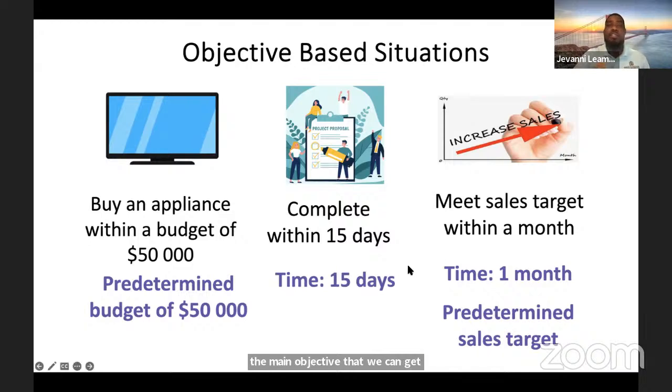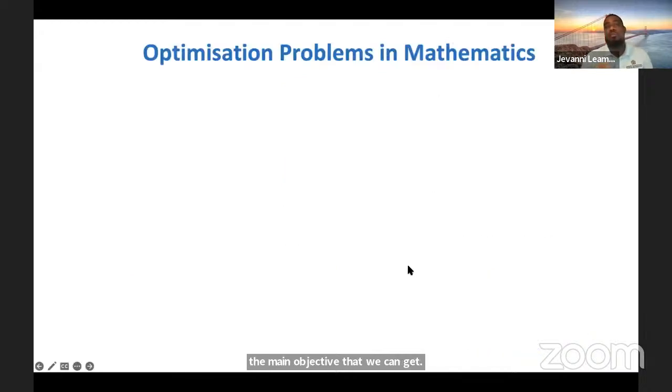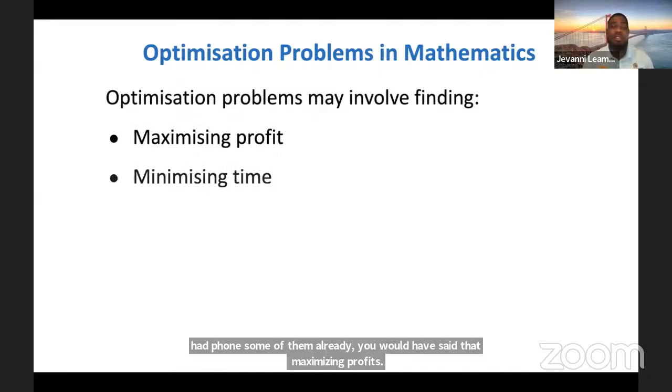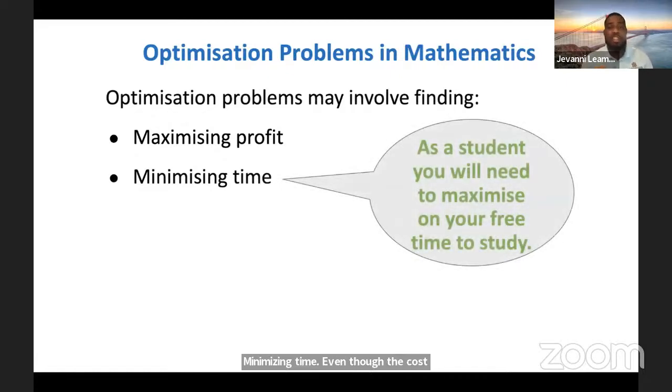Now, let us talk about optimization problems in mathematics. We would have said earlier that we have found some of them already. You would have said maximizing profits, minimizing time, and you can minimize costs.